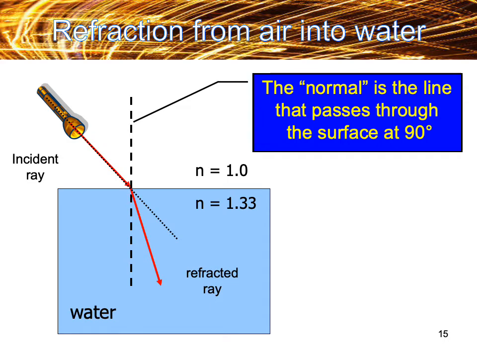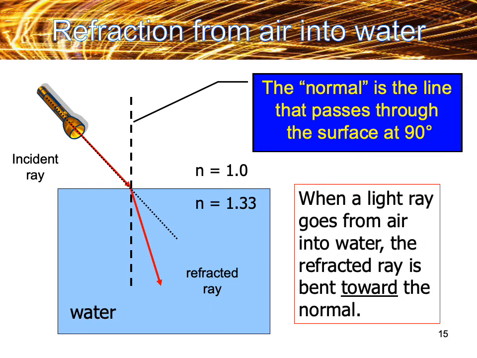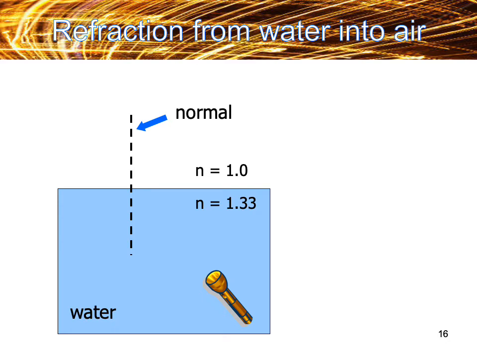Well, when you shed light into the water, the refracted rays are always bent towards the normal. But what about the case when the light source is located in the water?